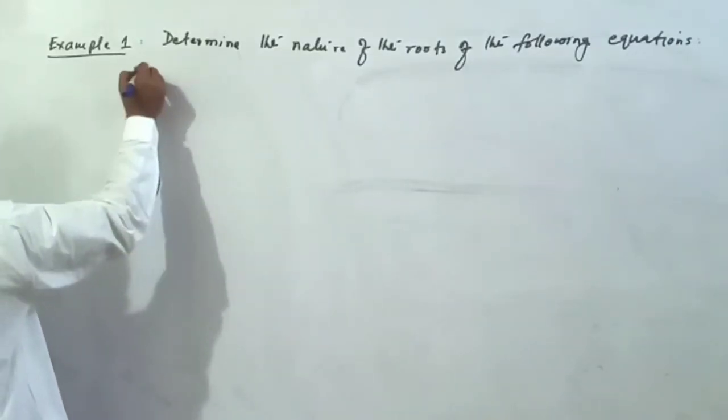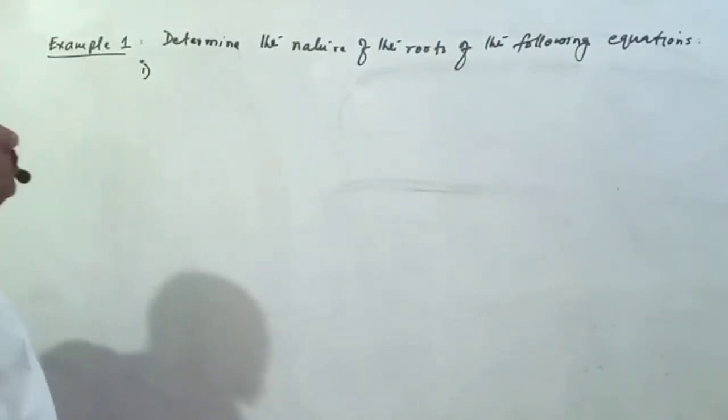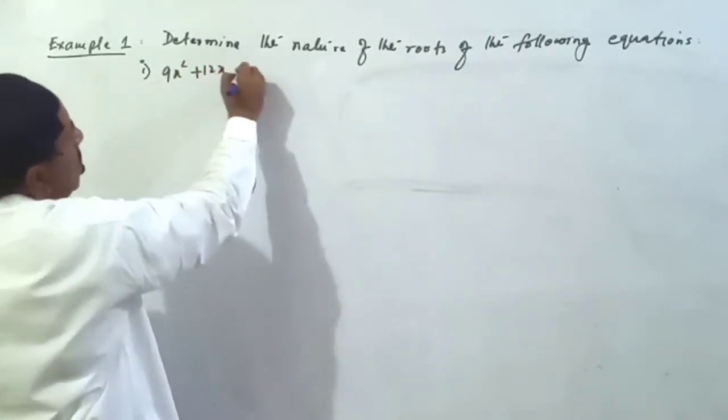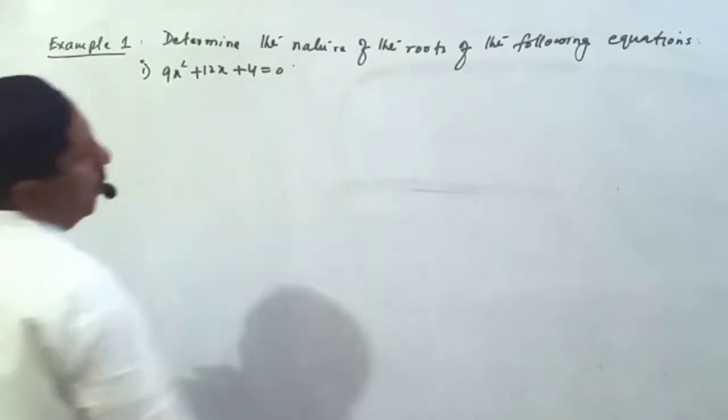Number 1 is 9x square plus 12x plus 4 is equal to 0.